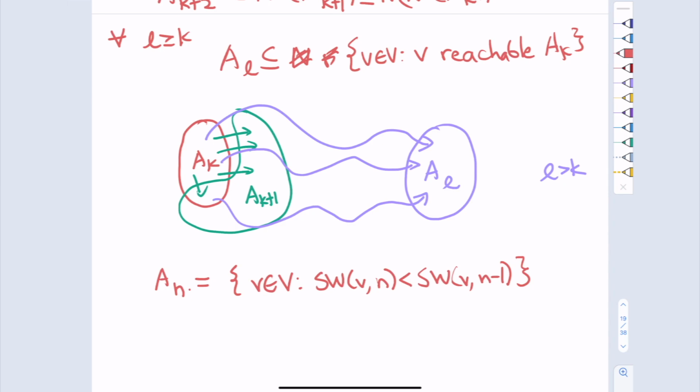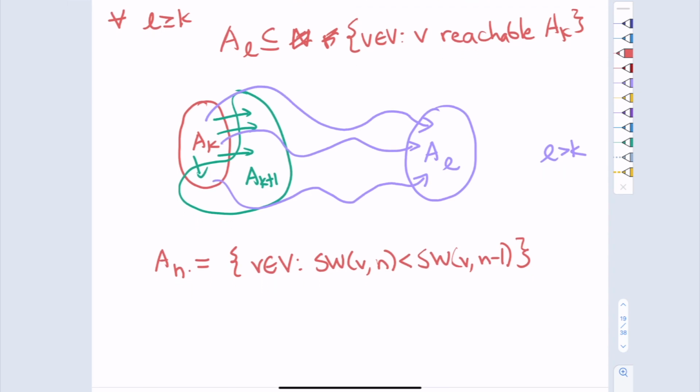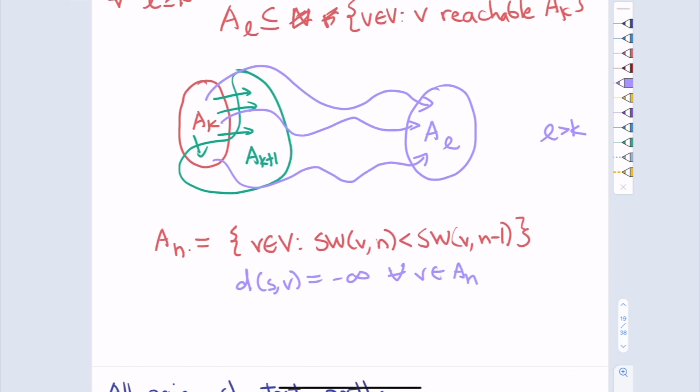So if there's a vertex in A sub n that somehow is benefiting from n edges, remember a path can have at most n minus 1 edges, then the distance must be infinite. Okay, so that means that for any vertex in this set, A sub n, the distance is negative infinity.